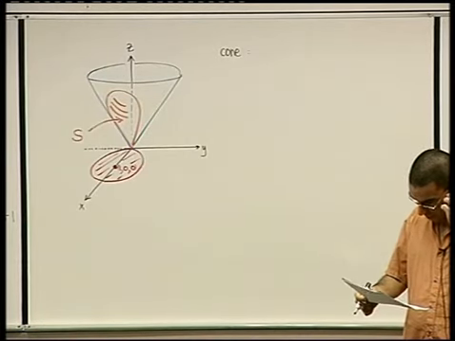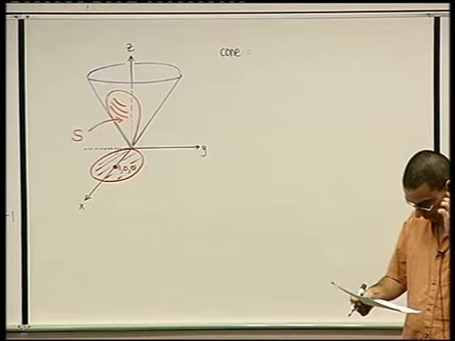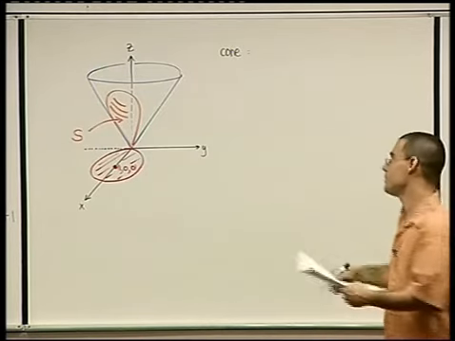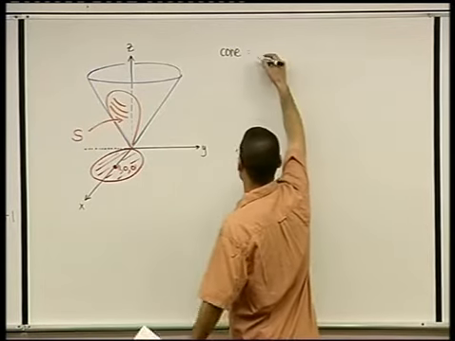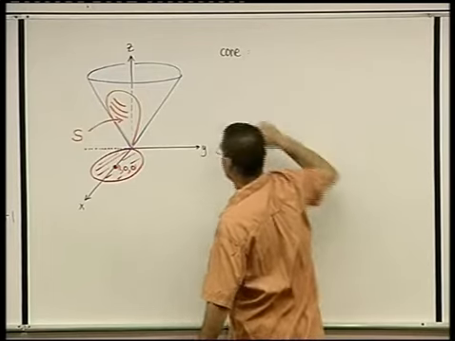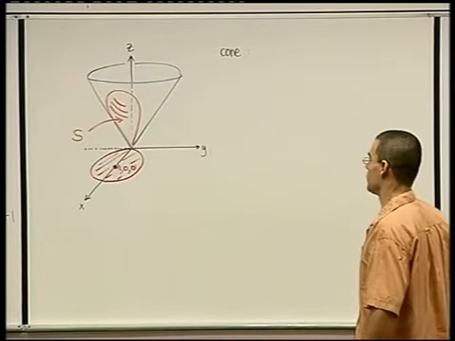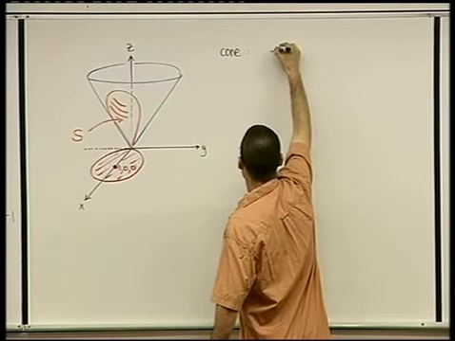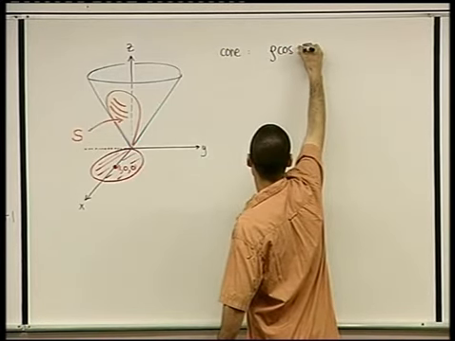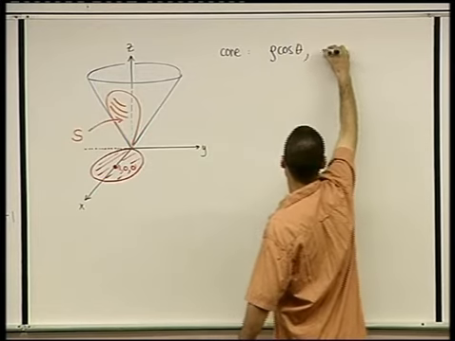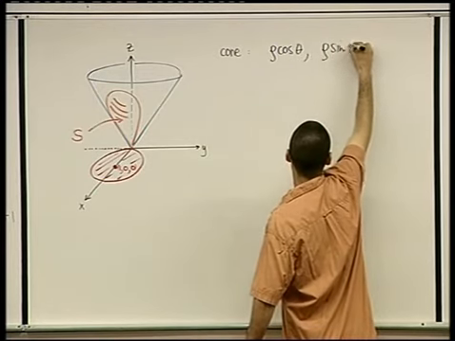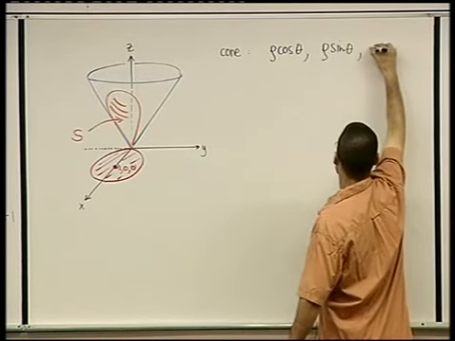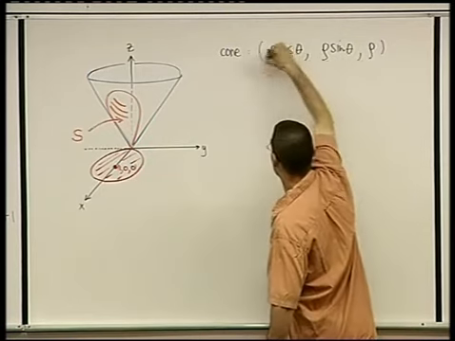I really want to use rho and theta. Let's use rho and theta. It doesn't really matter, but we're already feeling better with parametrizations of surfaces. So the cone is (rho cos theta, rho sin theta, rho). That's the parametrization of the cone.